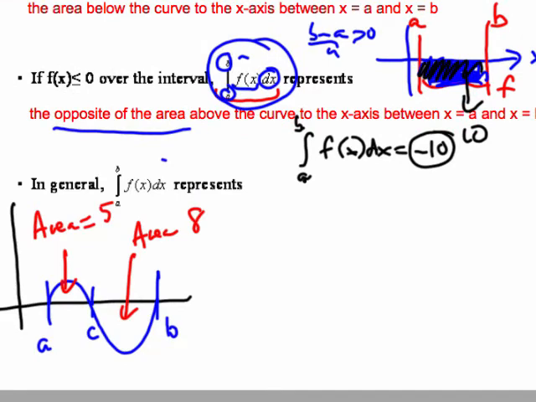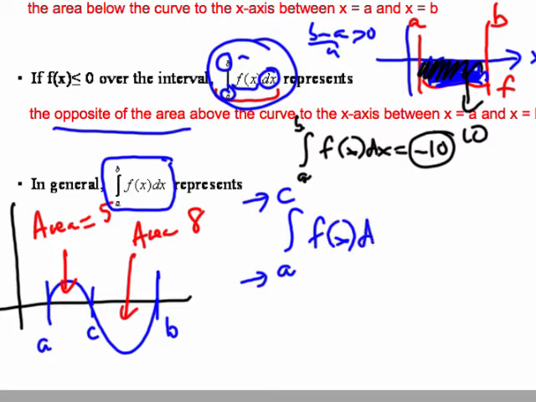Okay, so we're at the point now where we want to come up with a generalization in terms of what the definite integral means. Let's suppose we have a function that's a bit above and a bit below the x-axis. If I were to calculate the definite integral from a to c, from left to right, of f of x dx, because f of x and dx are both positive, I'm summing up positive quantities, and so that would be 5.